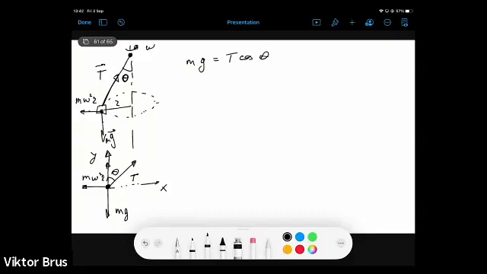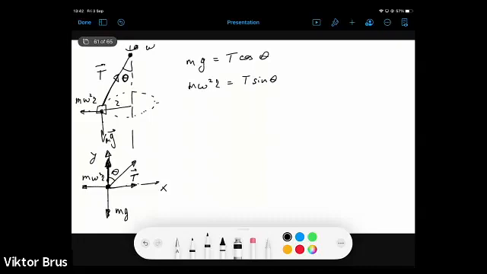So this T times cosine theta is this part, and it should be compensated by the weight of the body. And then for the other direction, it's this part of our tension vector, and this will be m omega square r equal to T times sine theta.